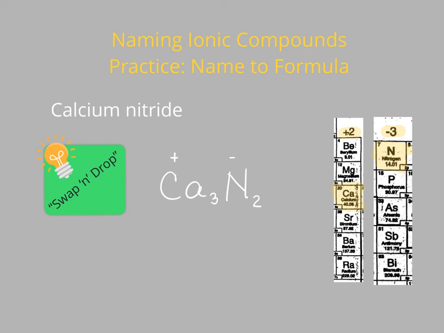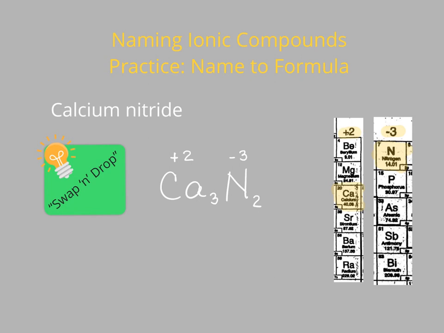So I'm just going to replace our charges because our calcium still has a +2 charge and our nitrogen still has a -3 charge. But now I've changed my quantity, so I have 3 calciums, each with a +2 charge, and 2 nitrogens, each with a -3 charge. So to double check to make sure that our swap and drop method worked, we're going to do a little quick multiplication.